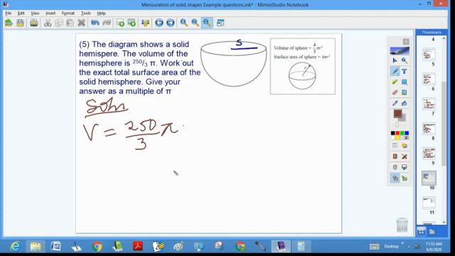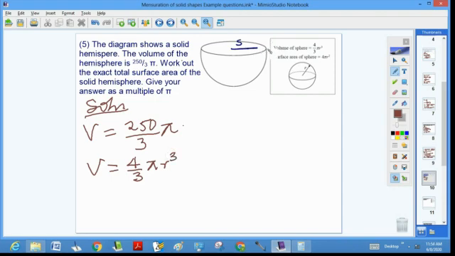In order for us to find the total surface area of the hemisphere, we need to find the radius. So we are going to use this value with the formula for the volume of a sphere to find the radius involved. The volume of a sphere, V, is given by 4 over 3 pi r cube.